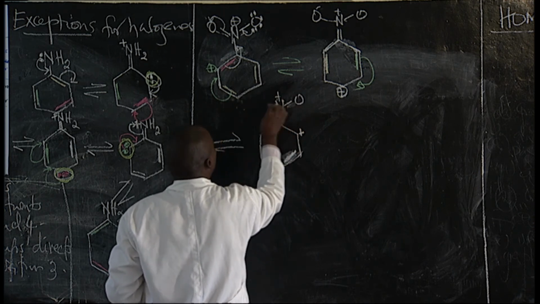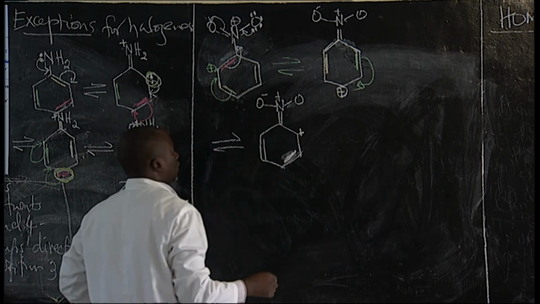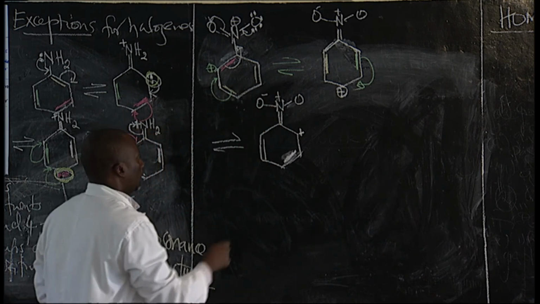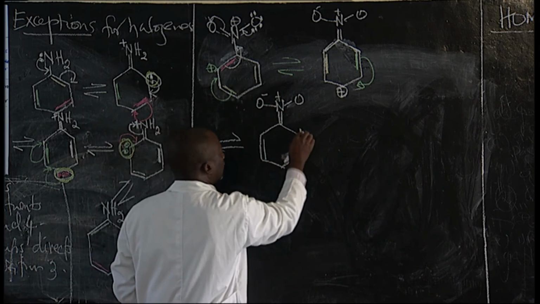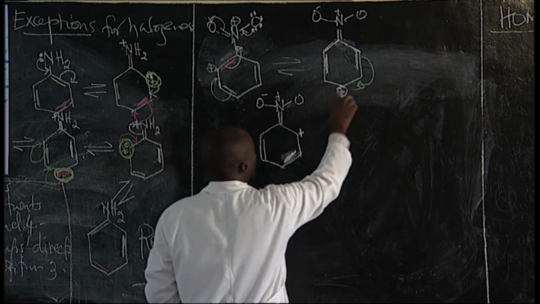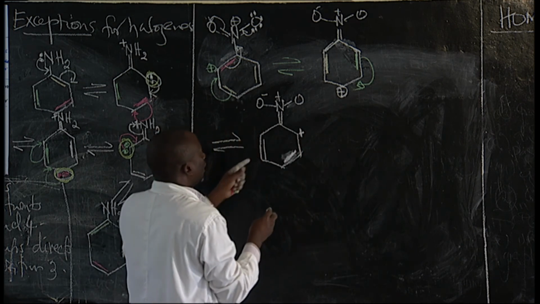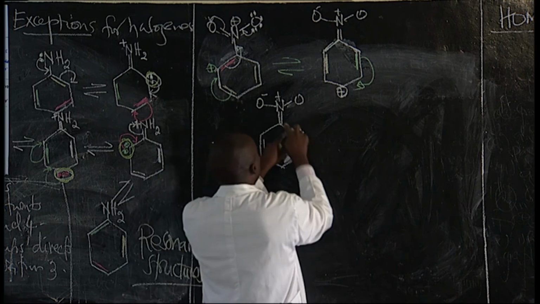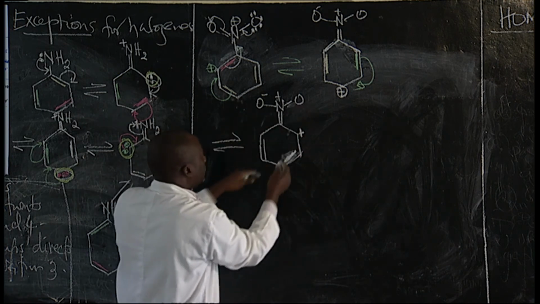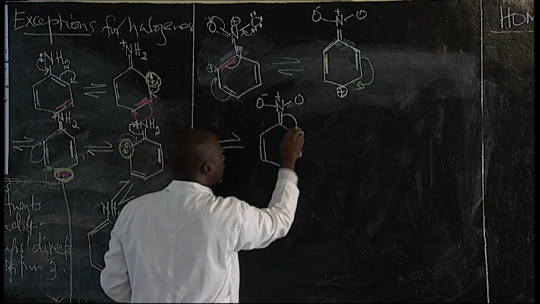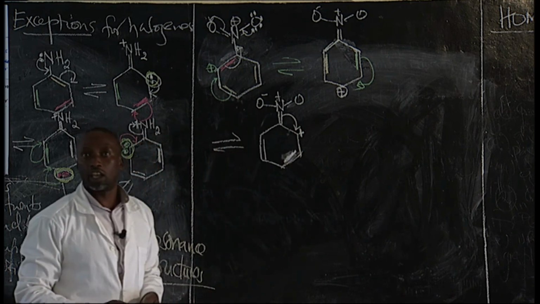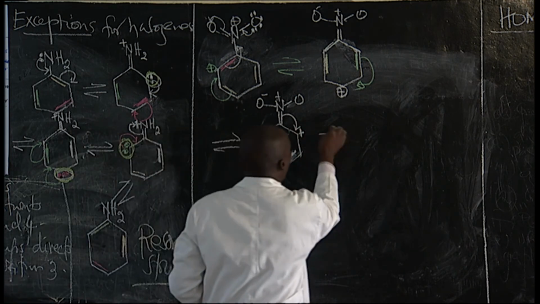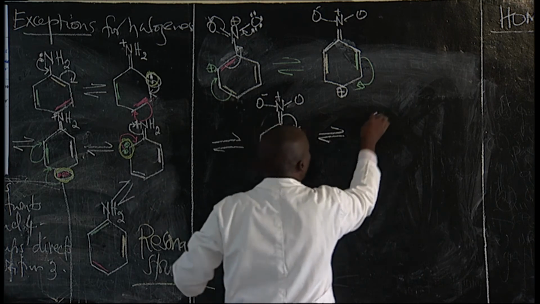This is oxygen, and this is oxygen with a negative charge. Still, because this one forms a positive, this double bond will have to come again. This double bond would want to enter into the ring to neutralize that compound.